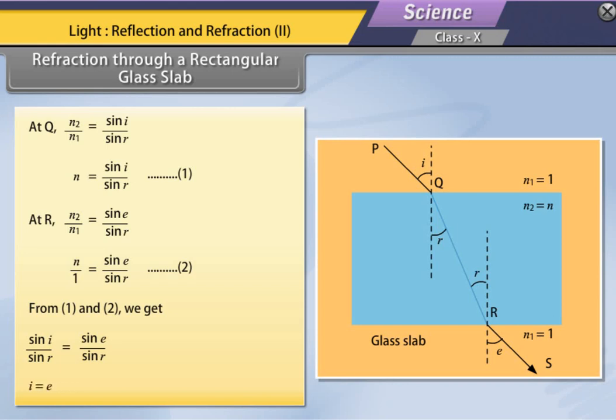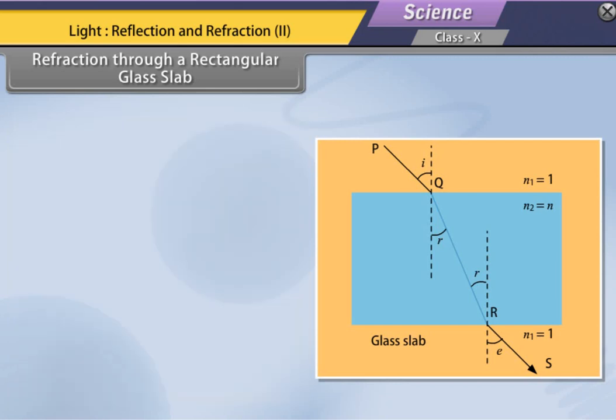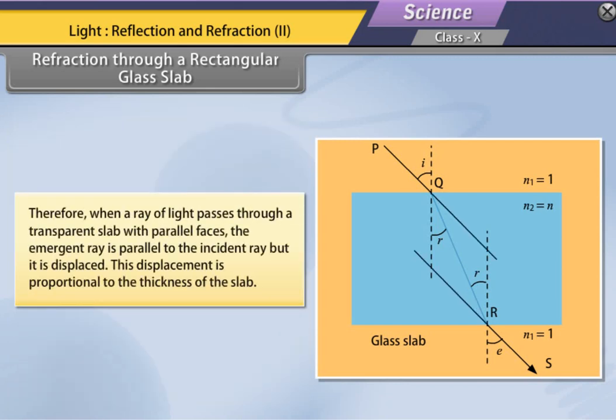This gives i = e. Therefore, when a ray of light passes through a transparent slab with parallel faces, the emergent ray is parallel to the incident ray, but it is displaced. This displacement is proportional to the thickness of the slab.